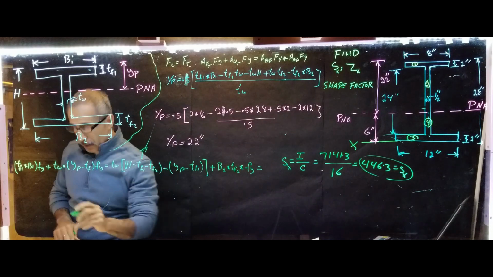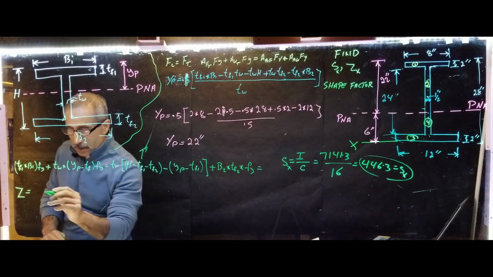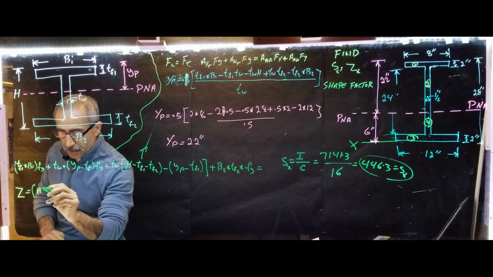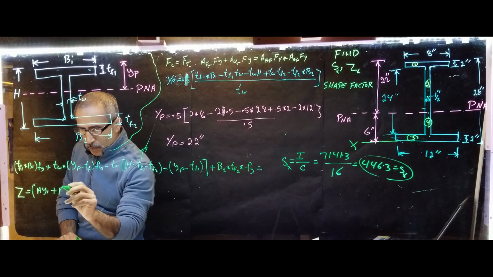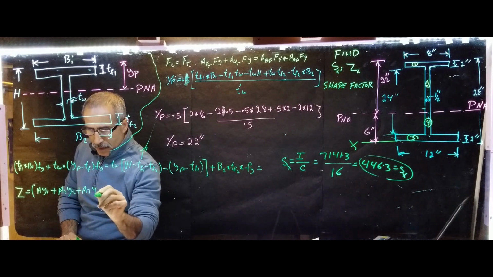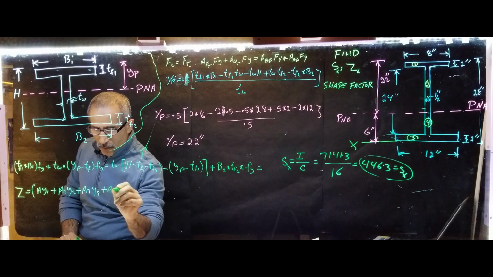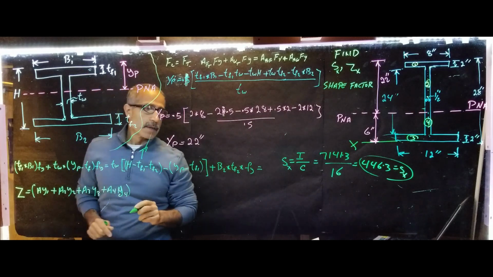All right, so the Z calculation comes out to Z is equal to A1 times Y1, plus A2 times Y2, plus A3 times Y3, plus A4 times Y4.